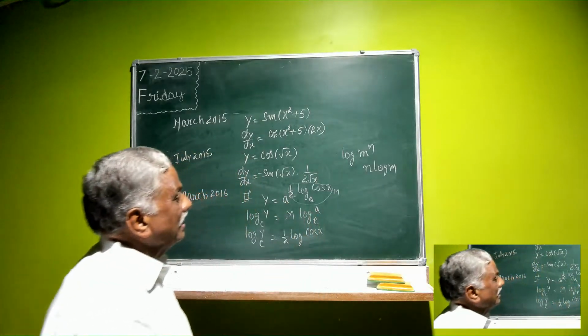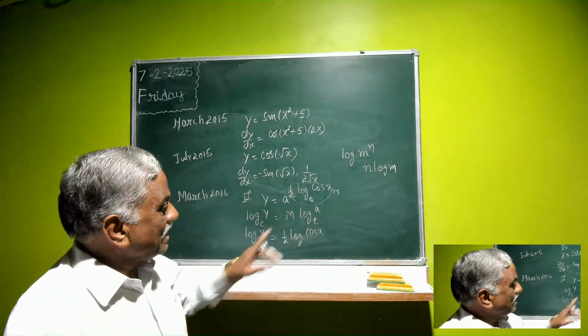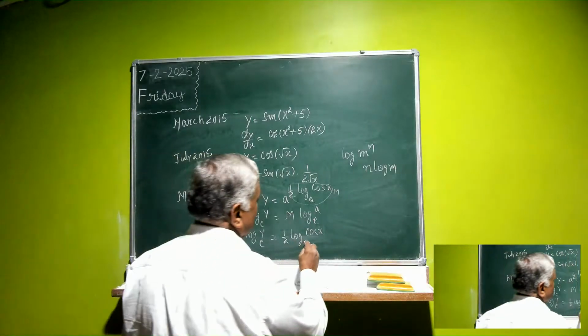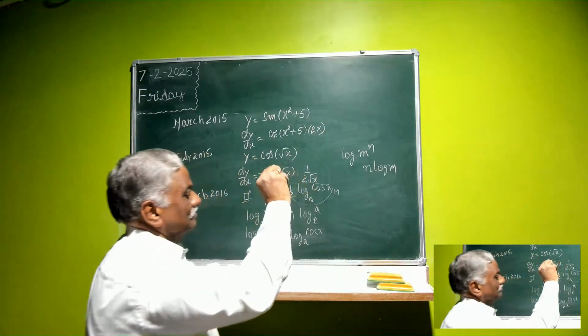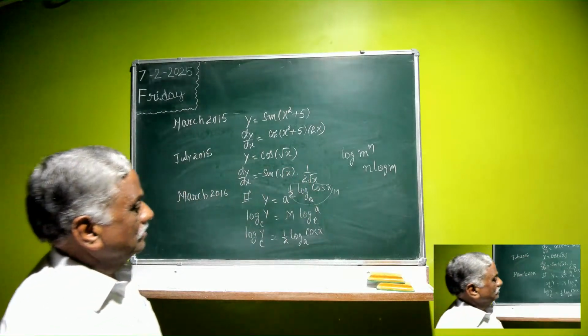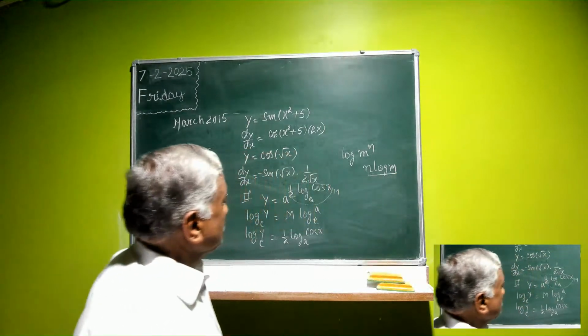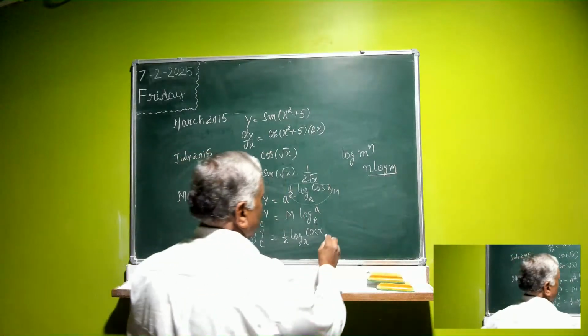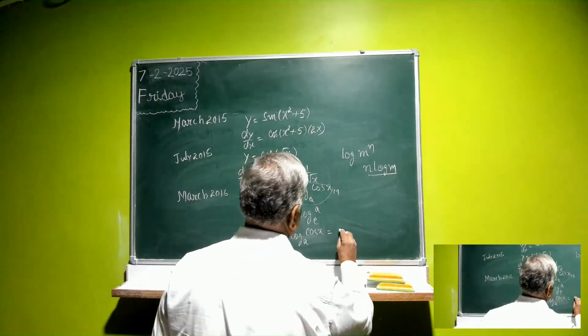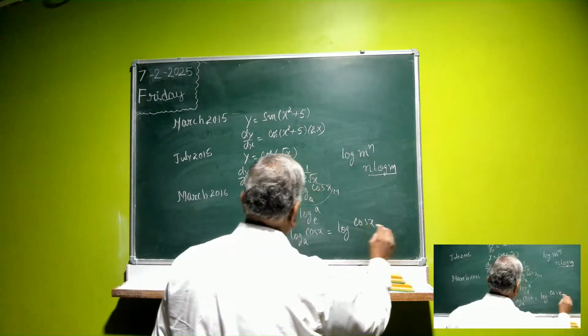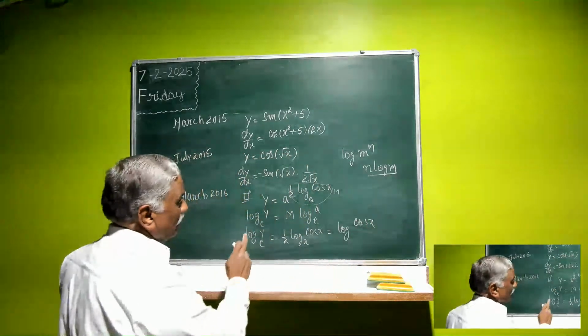Here, the difficulty is if it is base e, there is no problem. But they have given base a. So what you can do is n log m is log m power n. We will not take the base e.